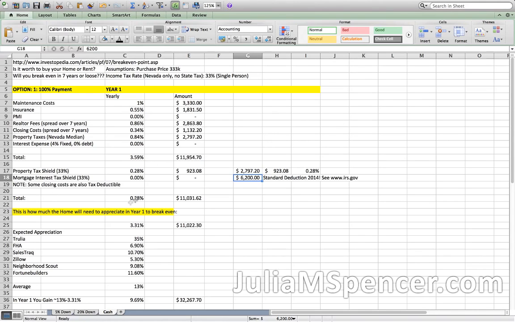So the total of home ownership savings in this option is 0.28%, and this is the amount, which is this number minus that number.